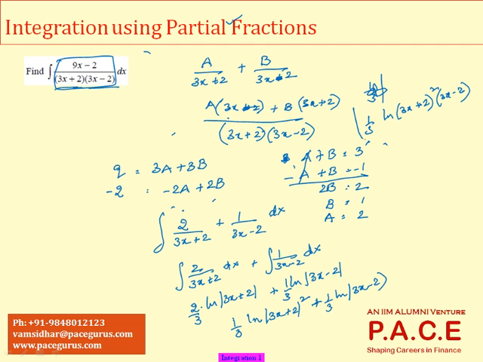This is the integration. If you differentiate this, you should get exactly 9x minus 2 by 3x plus 2 into 3x minus 2. So what are we trying to derive here?